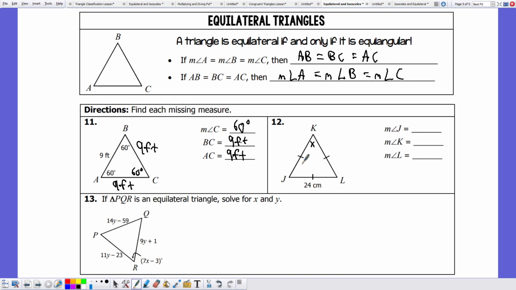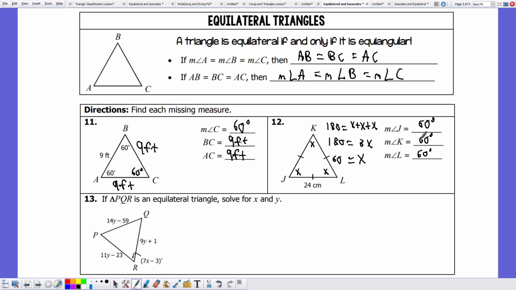So if I said that they were all equal to x, some unknown, then all the interior angles add up to 180, and therefore the sum of those angles, x plus x plus x, is 3x, and dividing by 3 on both sides gives us that x is equal to 60. So angle J is 60 degrees, angle K is 60 degrees, and angle L is 60 degrees as well.